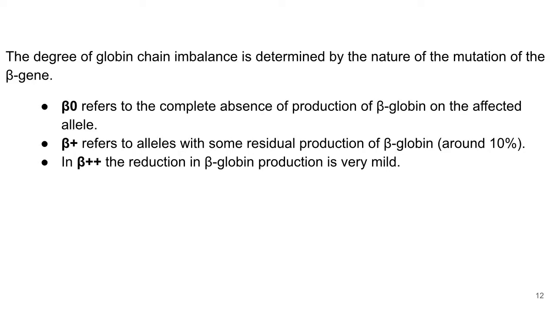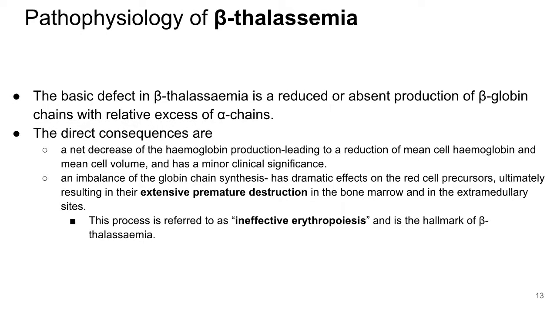Coming to the pathophysiology of beta thalassemia, the basic defect in beta thalassemia is a reduced or absent production of beta globin chains with relative excess of alpha chains. As a direct consequence, a net decrease of hemoglobin production leads to a reduction of mean cell hemoglobin and mean cell volume, and has minor clinical significance.